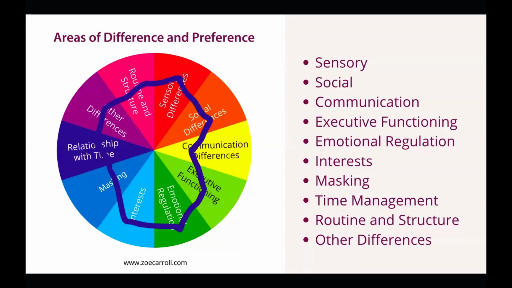And an AuDHD profile would look like an ADHD profile and an autistic profile combined. Then dyspraxic profiles might look slightly different. Dyslexic profiles might look slightly different. If you only had differences in one area, let's say, for example, you only had sensory processing differences, you might only have a diagnosis of sensory processing disorder, but you might also have several of the others as well.